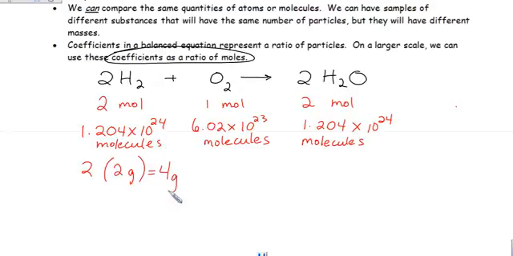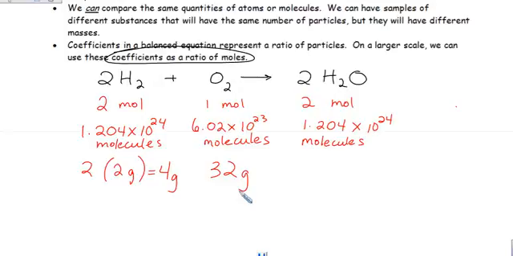Could I go in the lab and measure 4 grams of hydrogen? Absolutely, yes. 1 mole of O2 oxygen, 16 times 2, 32 grams. Sure, that's a reasonable number. I can measure 32 grams of oxygen in the lab.